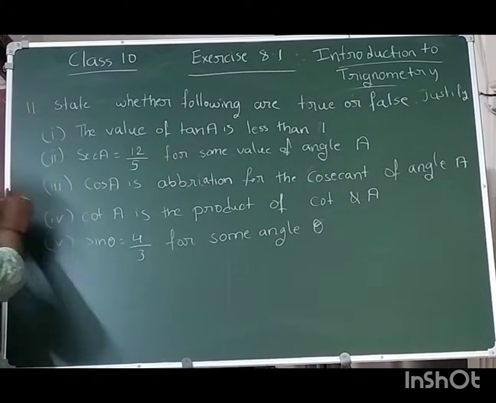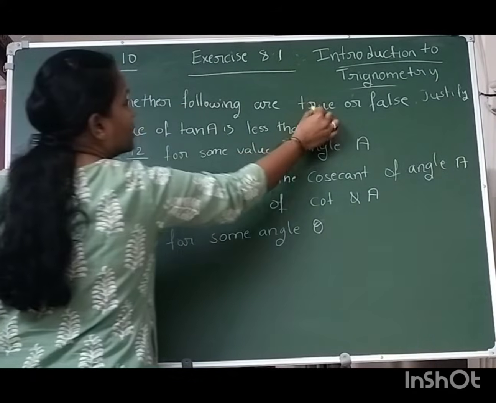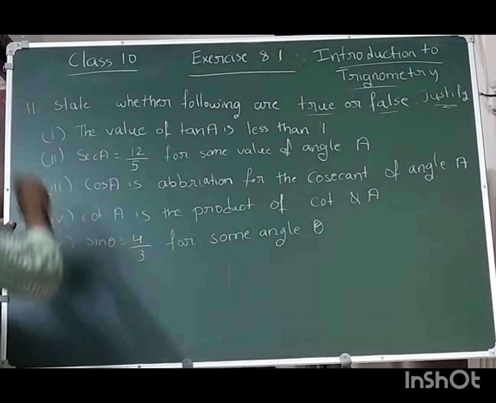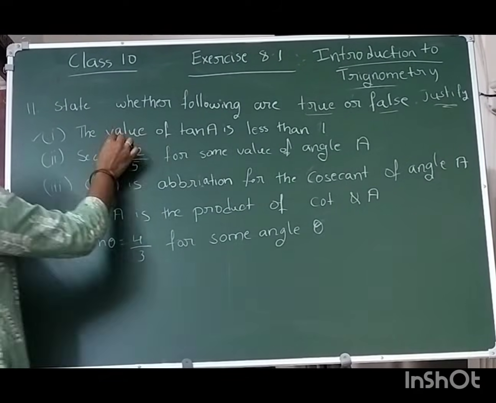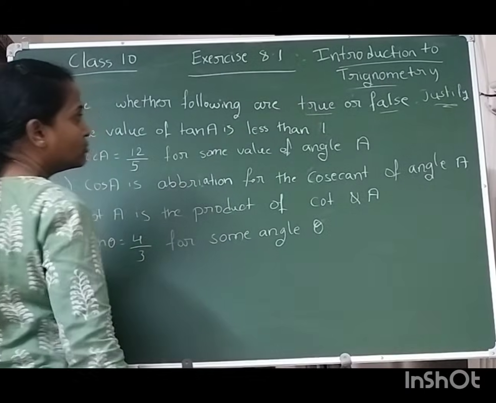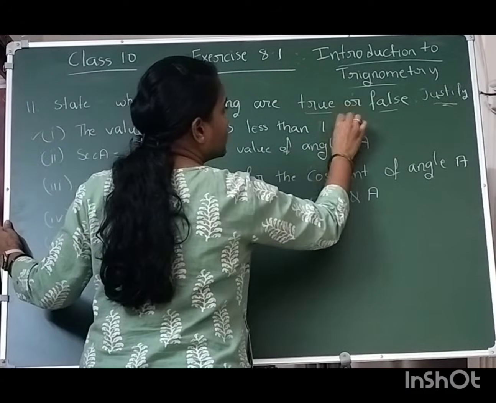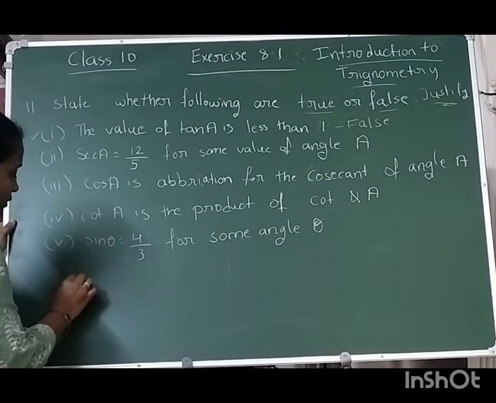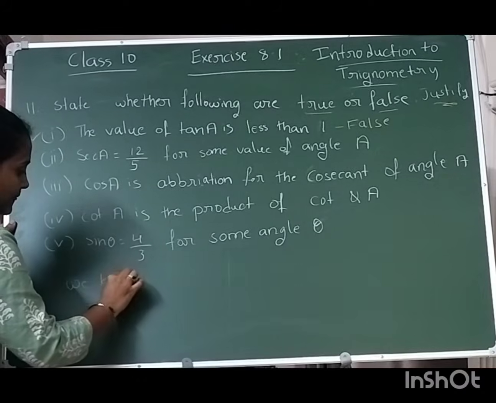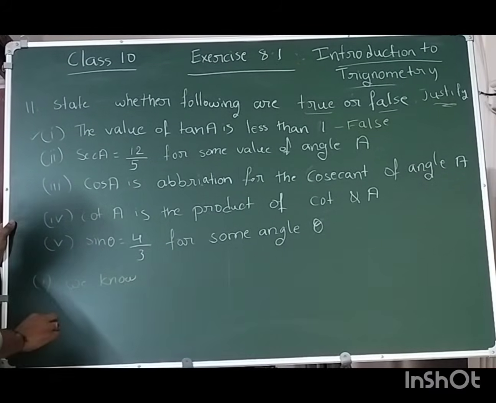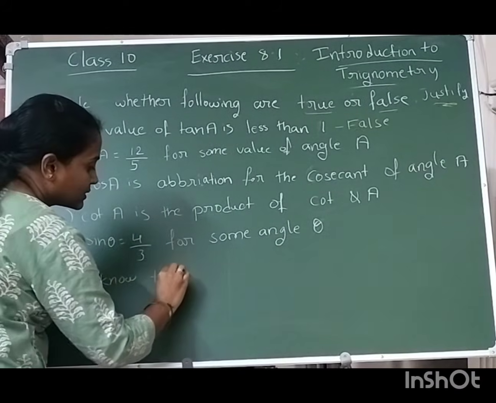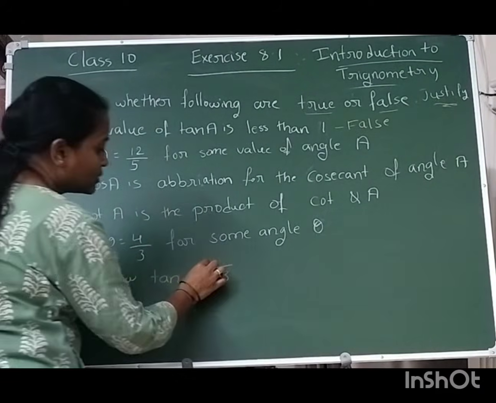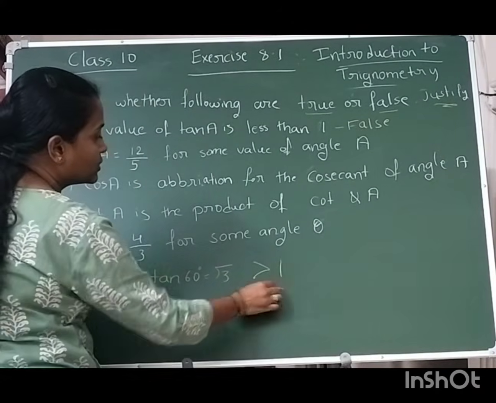It's question number 11. State whether the following are true or false, and whatever reason we are giving, we have to justify for that. First one is: the value of tan A is less than 1. So consider that. That is false because we already know from question number 1 that tan 60 is root 3, which is greater than 1, that is 1.73, right?